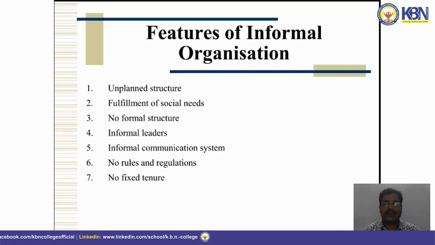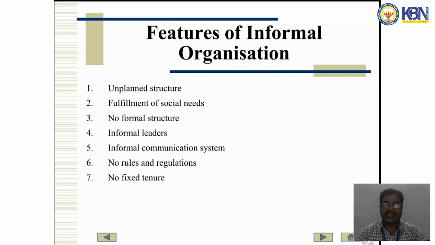And the reason people get associated with this informal organization is they are completely focused on the fulfillment of their own social needs. That's the reason why people are getting attached to this informal organization. And there is no formal structure, which means no formal rules and regulations, no formal policies and practices, no formal procedures and formalities.